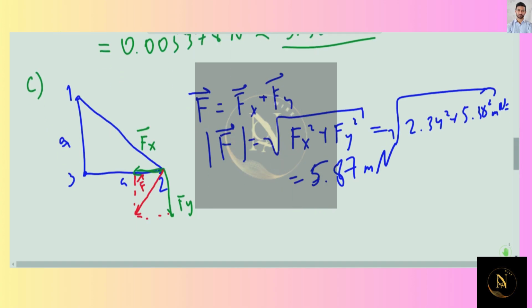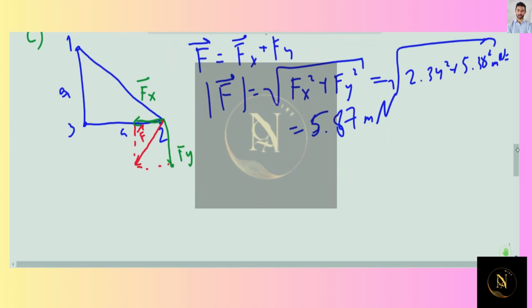Okay, so this is the total force which acts on the second charge. And lastly, we have to calculate the direction. So for the direction, let's choose this angle alpha, formed by the line connecting point 3 and 2, and the direction of the force.